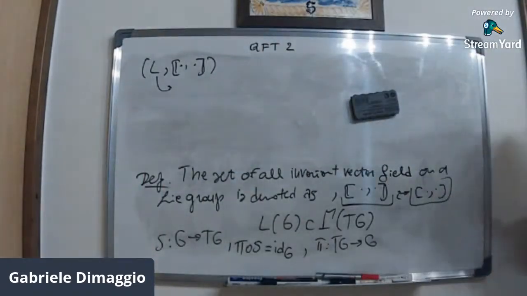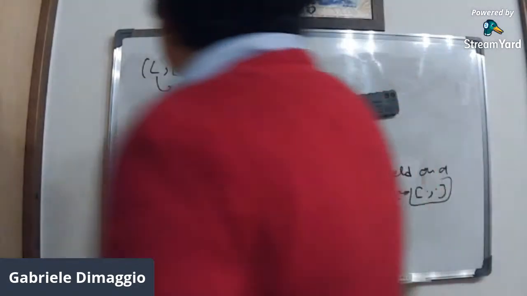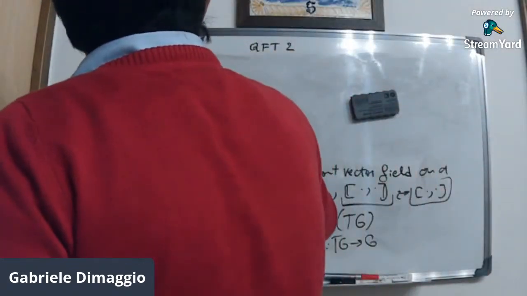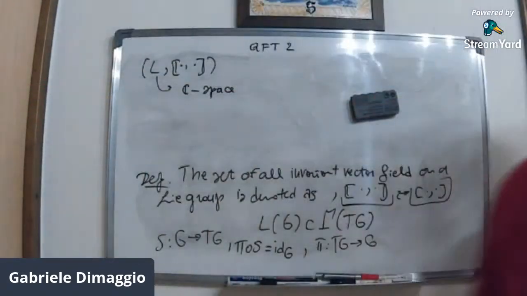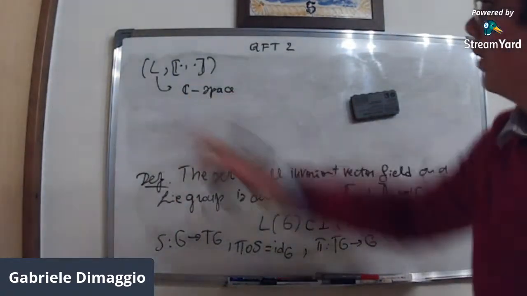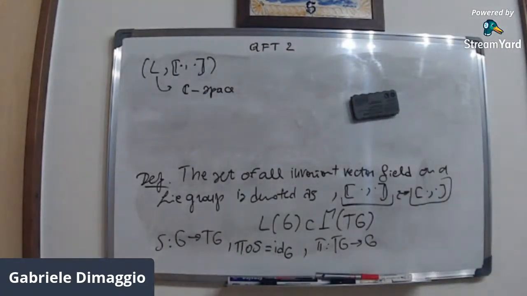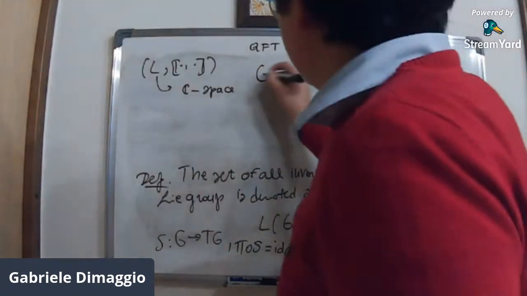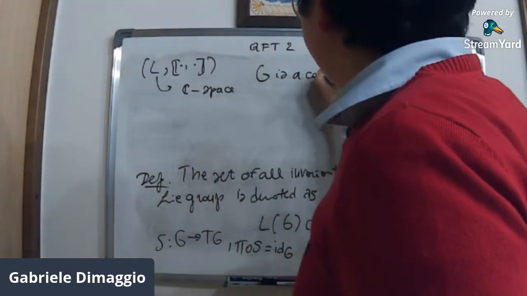And I have that this is a C space, so it's a vector space constructed over the field of the complex numbers. Now we have G as a complex manifold.